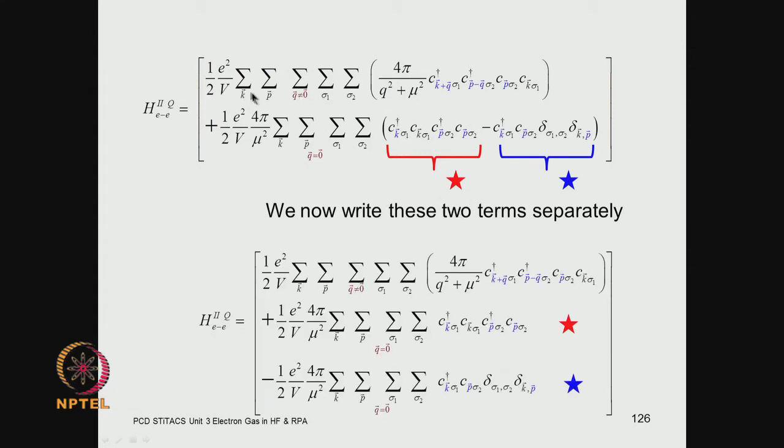I have the first term corresponding to q not equal to 0. Then this is the term coming from the red star, and this is the term which comes with a minus sign for the blue star. So these are the three terms which come in the electron-electron part of the second quantized Hamiltonian.